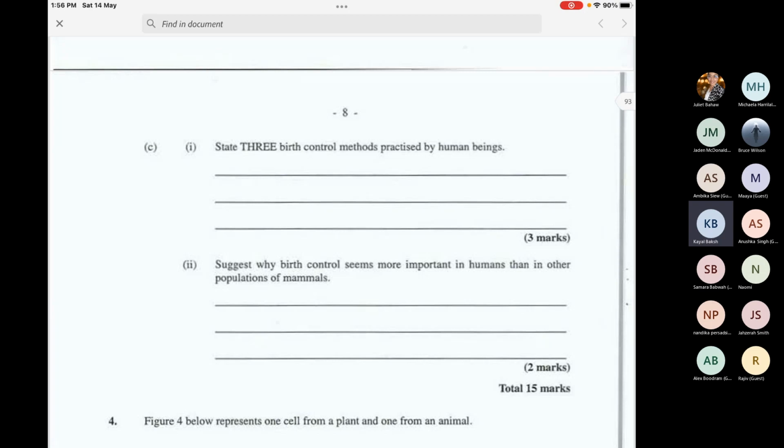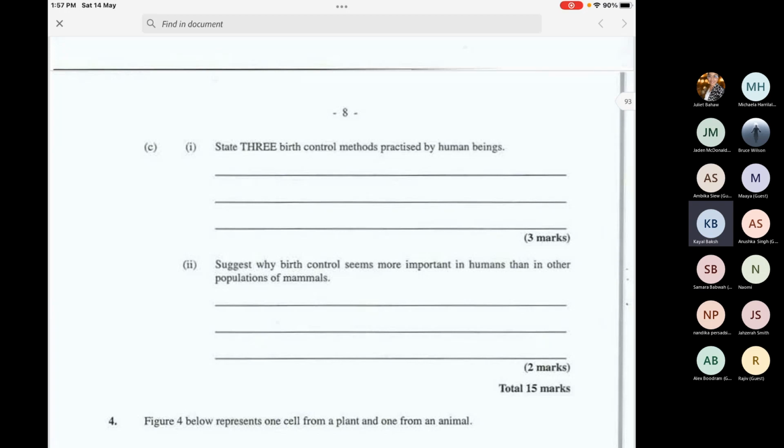Animals, on the other hand, or other populations of mammals, remember their purpose. They always have to survive and continue their species in the wild, because they are susceptible to disease, predator and prey, and a lot of dangers in the environment. So it's not like you could give them birth control. They always have to reproduce because their survival rate is much less than a human's.